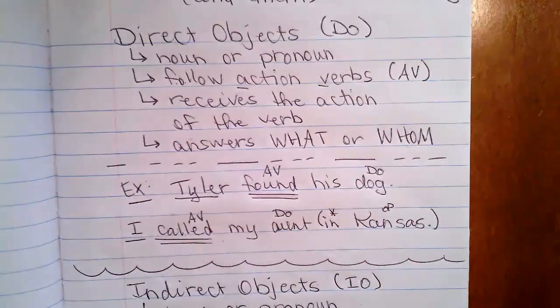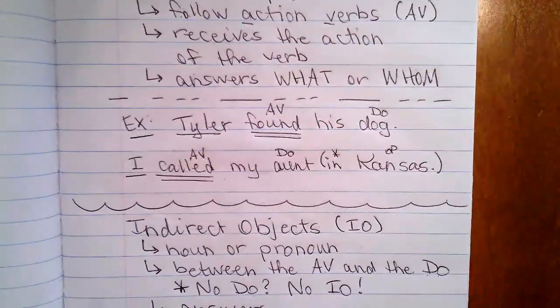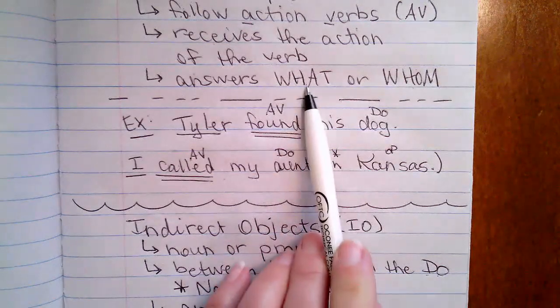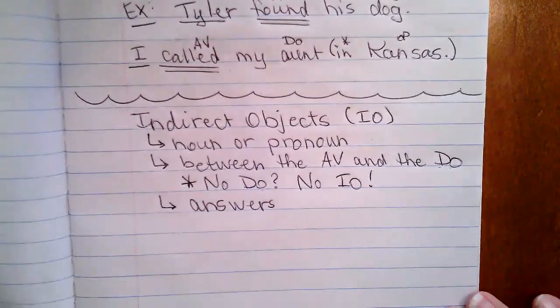So remember, if we're going to find an indirect object, that direct object is already going to be there. That means we're going to have a word that has already told us what or whom received the action. Okay.